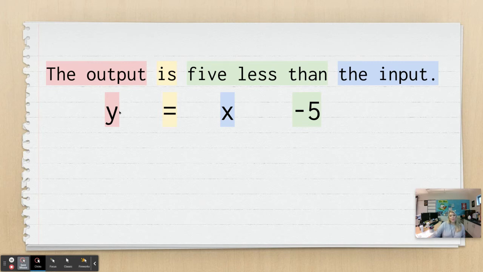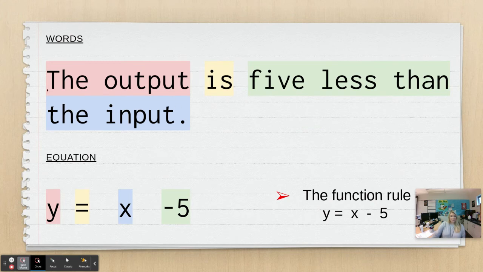The output is Y. Is equals. This 5 less than is a -5 because it's 5 less than the input of X. So it has to be X minus 5. So we took this sentence and we turned it into a function rule. You would say the function rule is Y equals X minus 5.